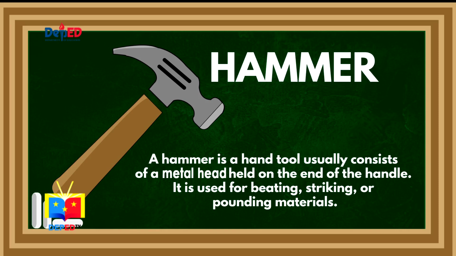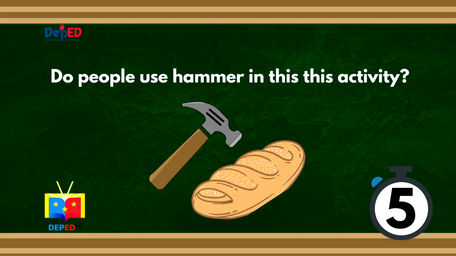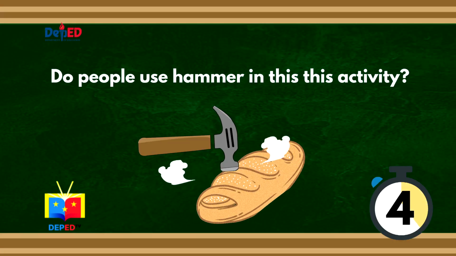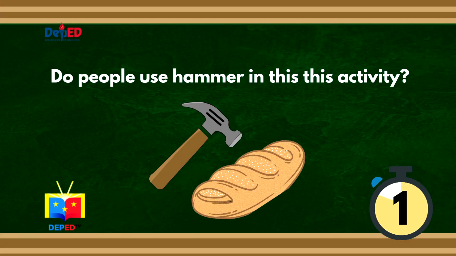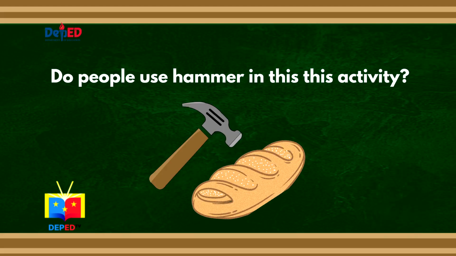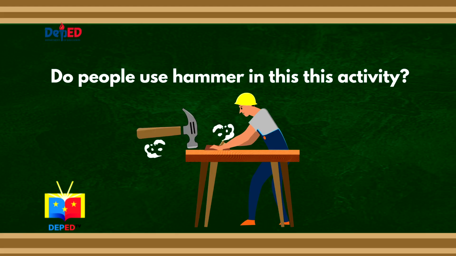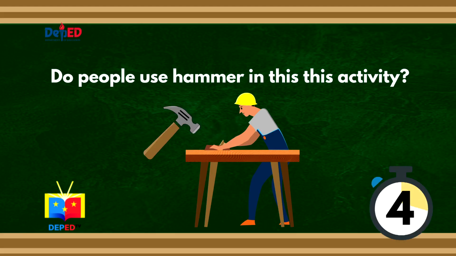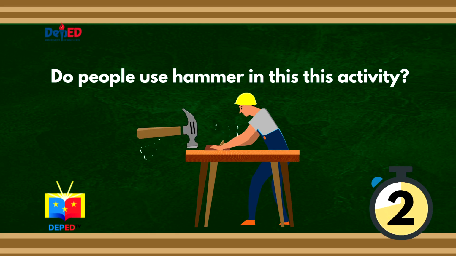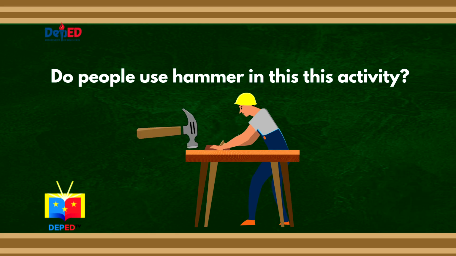When do people usually use a hammer? Do people use a hammer in this activity? The answer is no. Do people use hammer in this activity? The answer is yes.